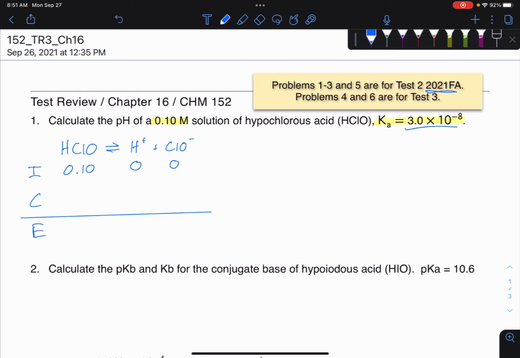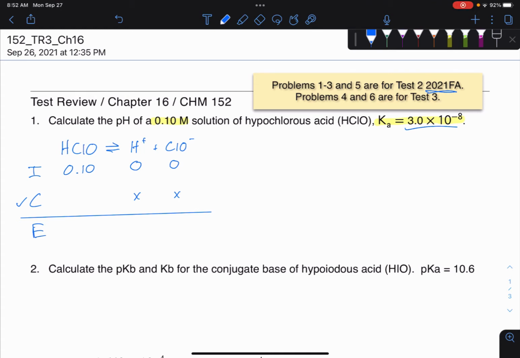Now, the dissociation is really described by the change line. For this particular problem, and just like many of them, we are going to use X as a value to represent how much change is occurring in going from the initial to the equilibrium condition.